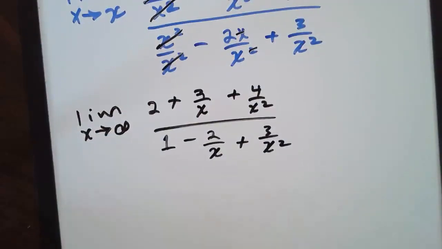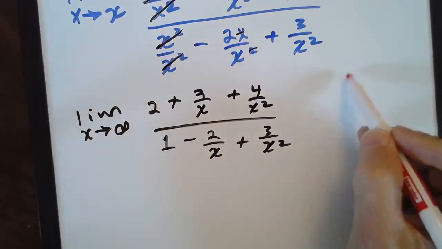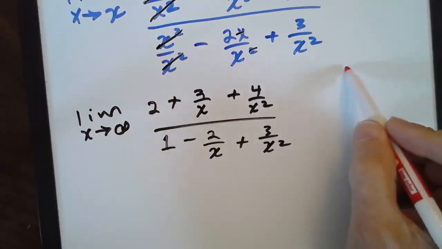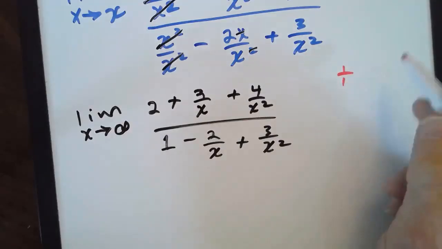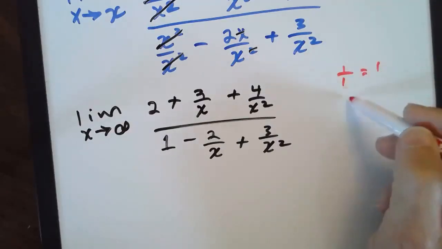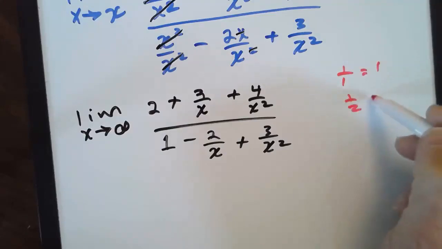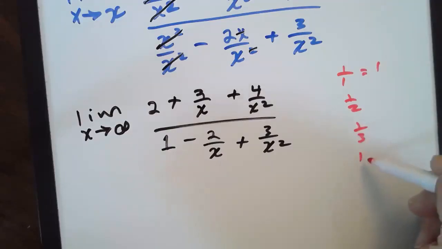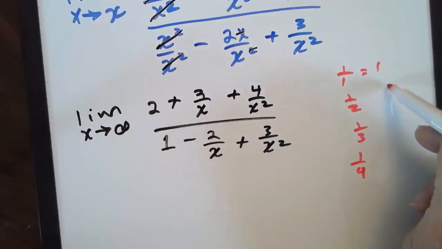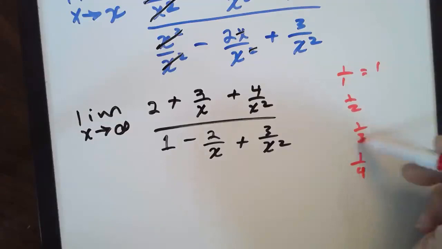Well, why would we do that? Let's look off to the side. As fractions, as you increase the denominator, 1 over 1 is just 1, 1 over 2 is a half, 1 over 3 is a third, 1 over 4. So as the denominators get larger, the fraction gets smaller.